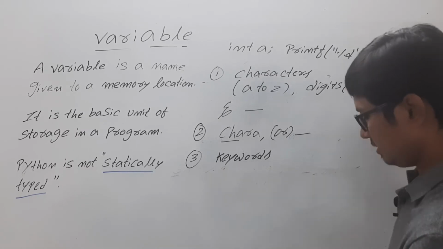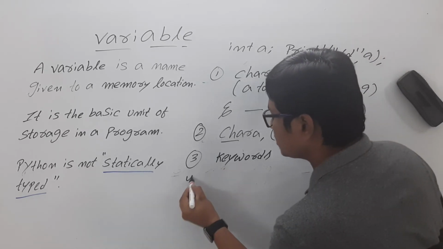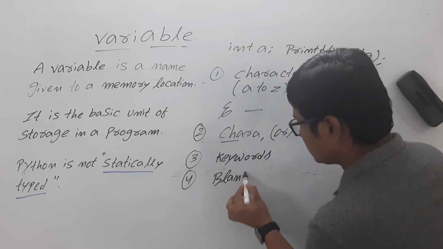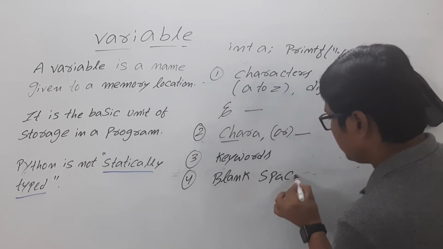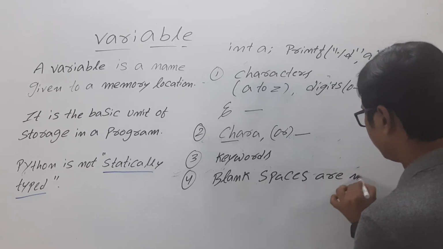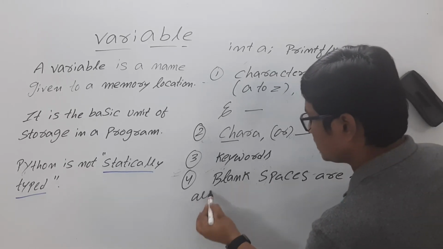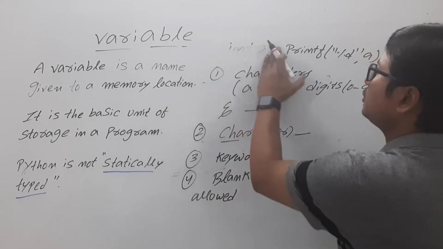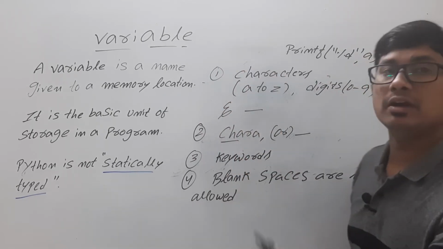And similarly, blank spaces or white spaces are not allowed. Okay, blank spaces are not allowed. Meaning, when I started a YouTube channel, I gave the name as Parnika Tutorials.